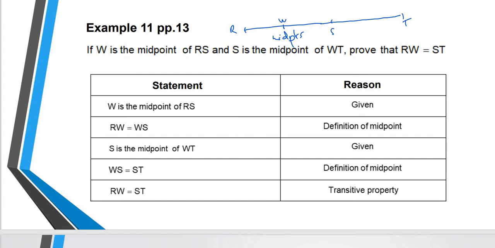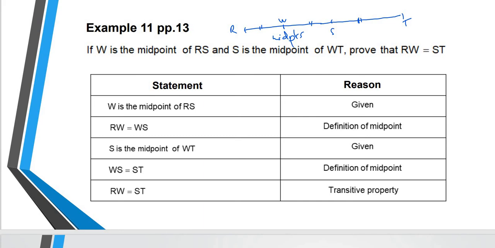is equal to ST. So we know RW and WS, their midpoint is W, so basically their lengths are the same, right? And then it says S is the midpoint of WT, so obviously ST is also the same length as WS, right?